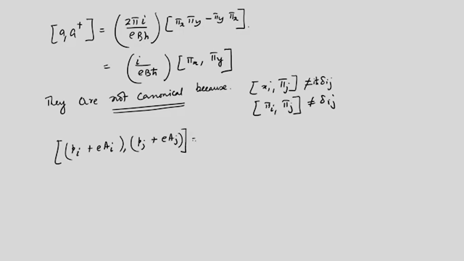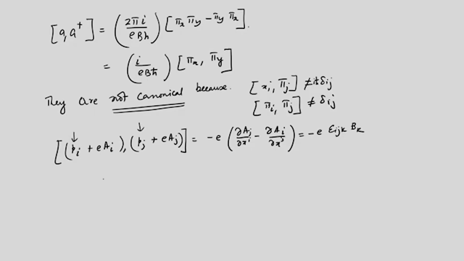This is equal to minus e times the derivative of A j with respect to x i minus the derivative of A i with respect to x j, which is equal to minus i e epsilon ijk B k. I am writing in the tensor notation, but you do not have to; you work it out. Remember that these p i and p j are canonical momenta, and then work out various things. You will get this.